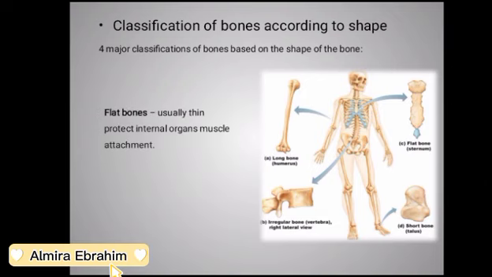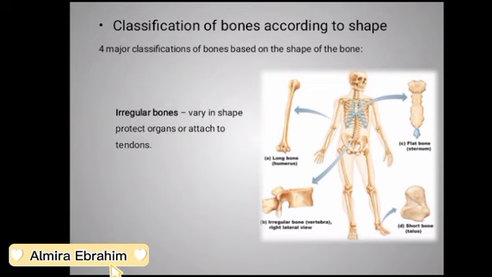Flat bones are usually thin and sometimes have a curved shape to them. Flat bones protect internal organs such as the brain and heart, and many of them have broad surfaces for the attachment of muscles. Some examples of flat bones are the cranial bones in the skull, the sternum, and the ribs.